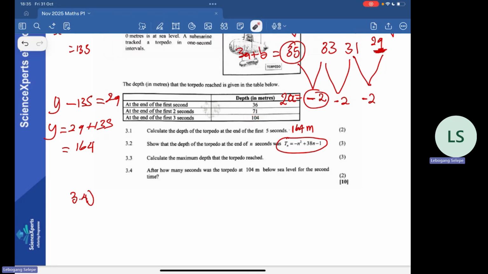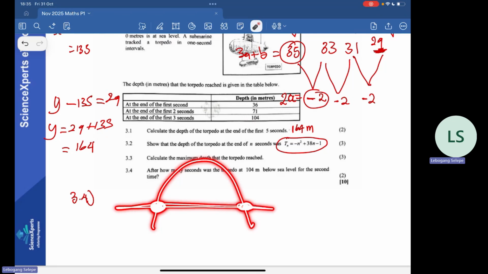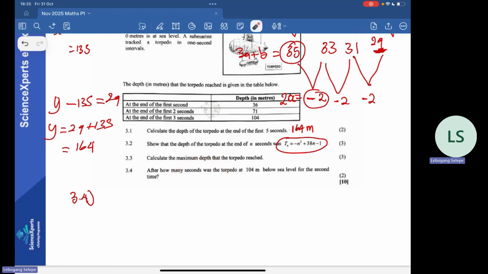Remember, a quadratic pattern or a quadratic function is a function whereby many x values can have one y value, right? As you can see here, this x value and that x value can have a common y value. It's a many-to-one function.